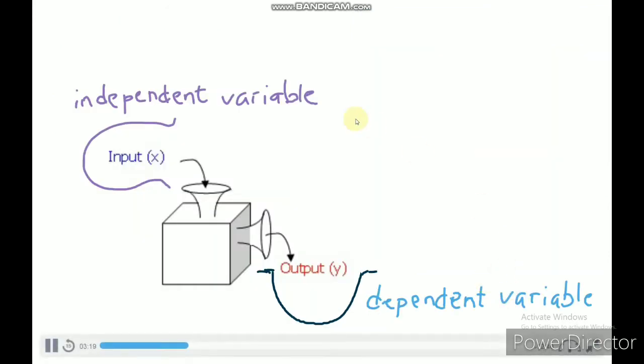If I use another kind of visual, the independent variables are your raw materials, usually represented by X, but not necessarily always X. When you put them into the machine, all of the values from that bucket will be the domain.